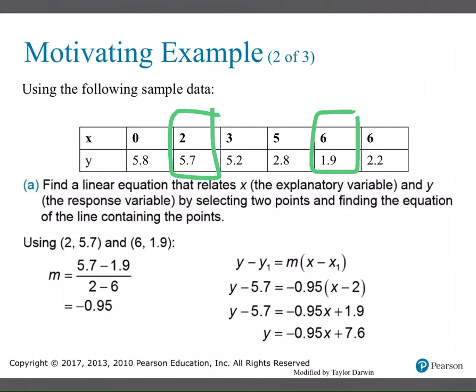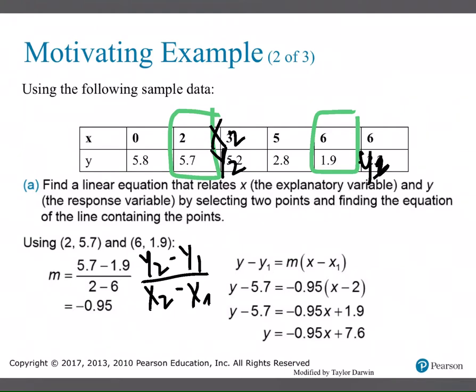We can use the equation to find a slope, which is y2 minus y1 over x2 minus x1. I can call 5.7 my y2, so that 2 is my x2. Then I can say 1.9 is my y1, so that 6 is my x1. Plug it in, and we get the value for the slope, negative 0.95.